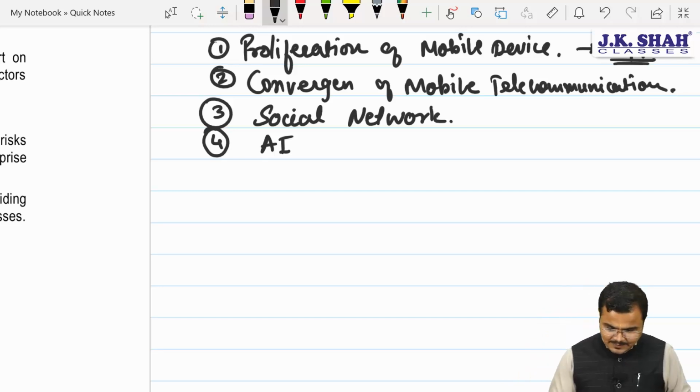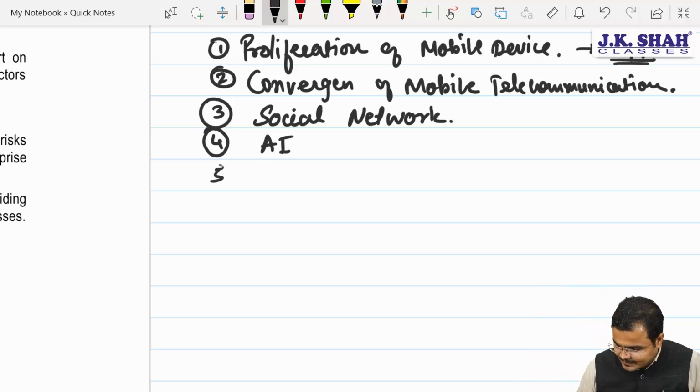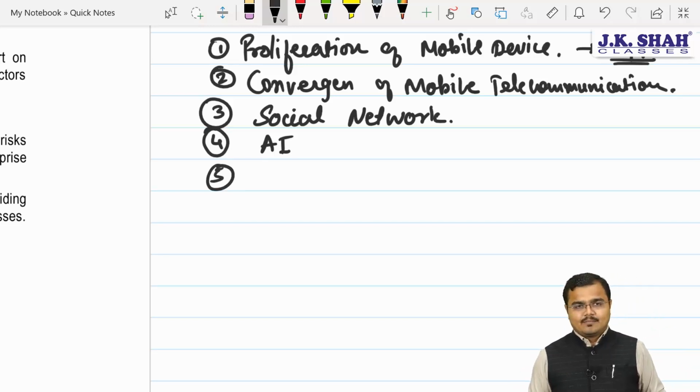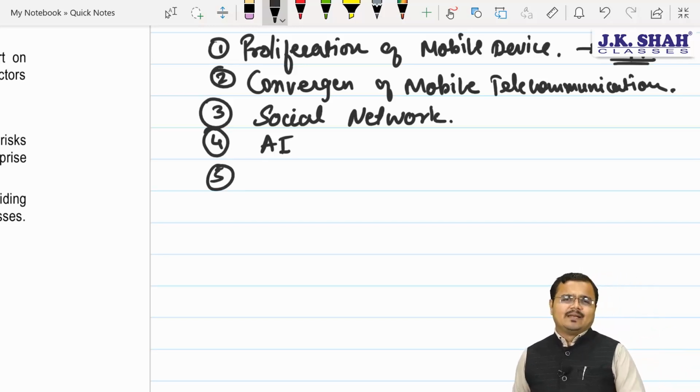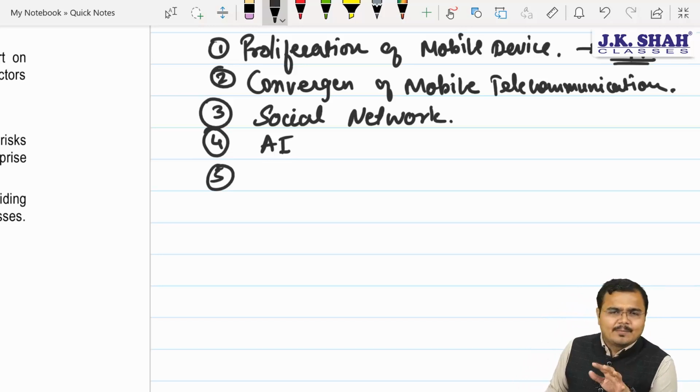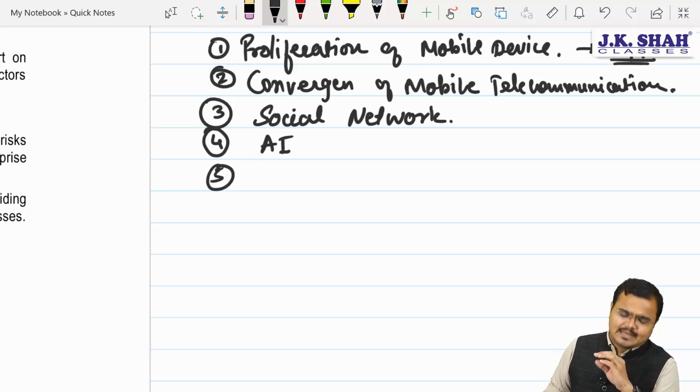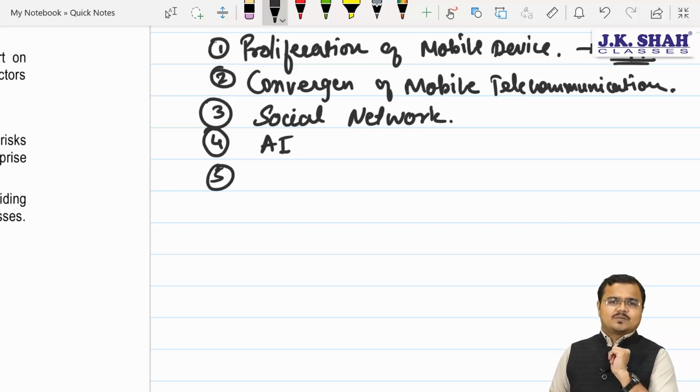So that's it, people. Number fifth one, we can also say that social media and e-commerce are both growing. But in order to support the e-commerce business in India, many laws have been changed.